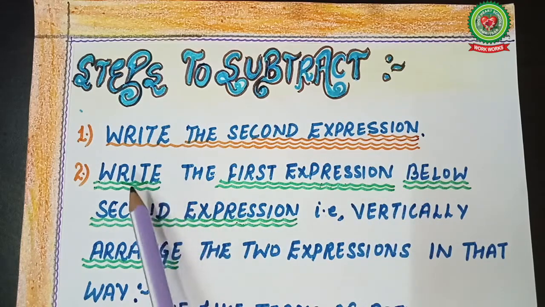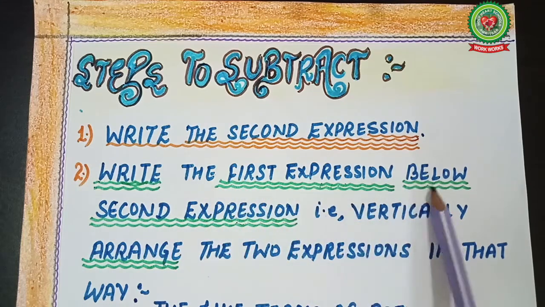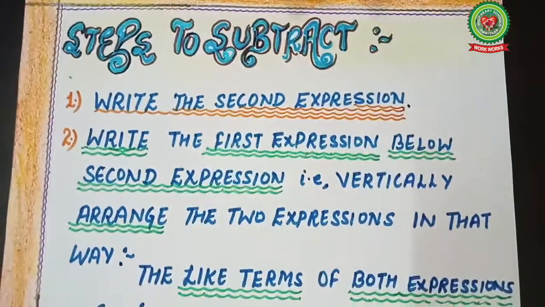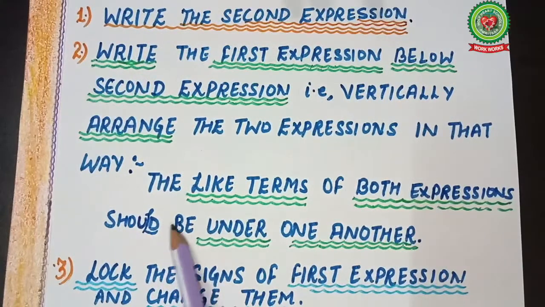Number 2, write the first expression below the second expression, that is, vertically arrange the two expressions in such a way that the like terms of both expressions are under one another, right?